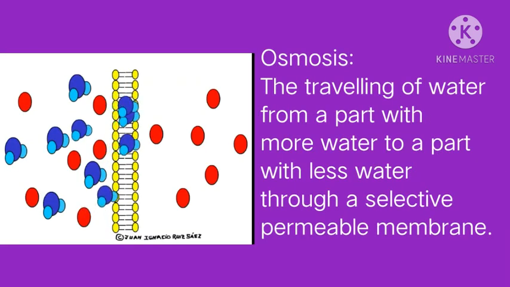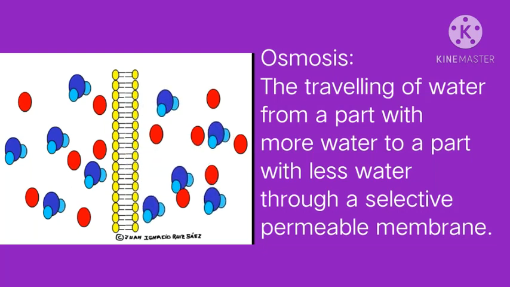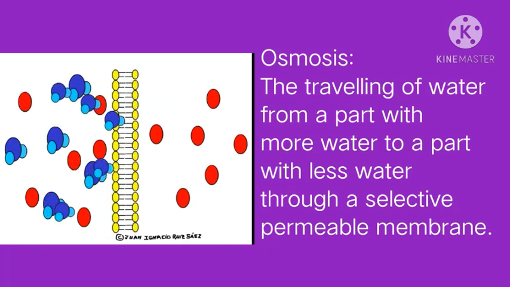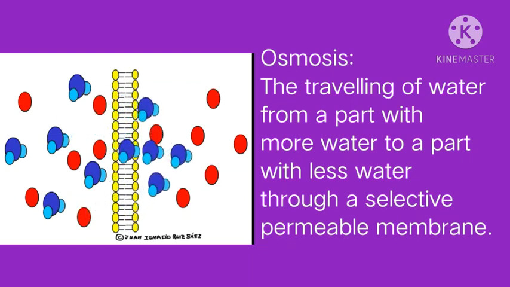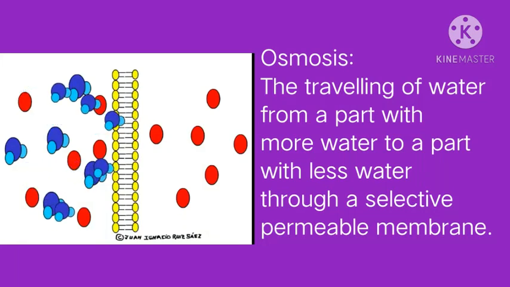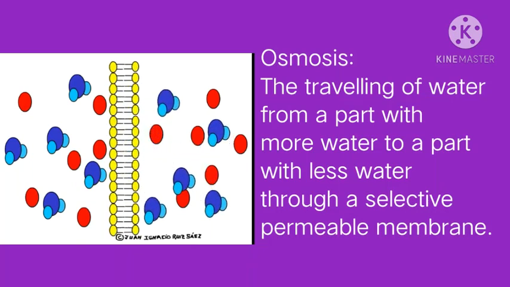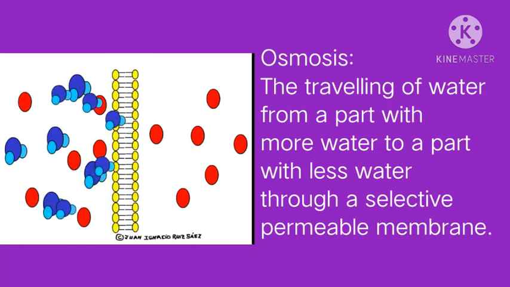Second, osmosis. The traveling of water from a part with more water to a part with less water through a selectively permeable membrane is called osmosis. What is meant by osmosis? The traveling of water from higher level to lower level.